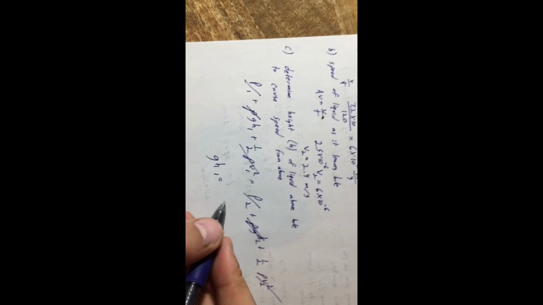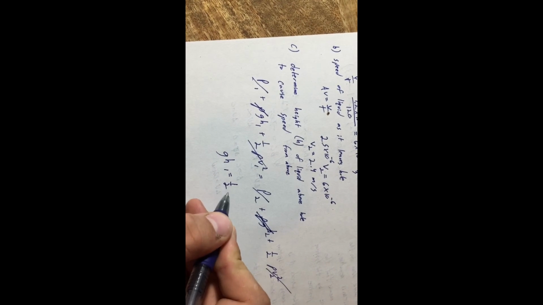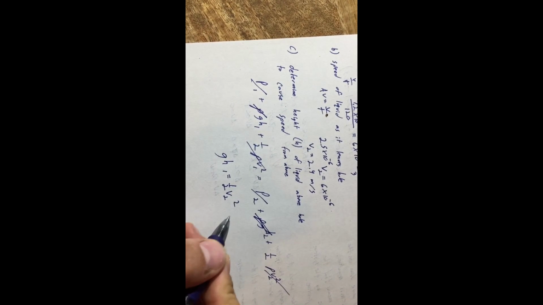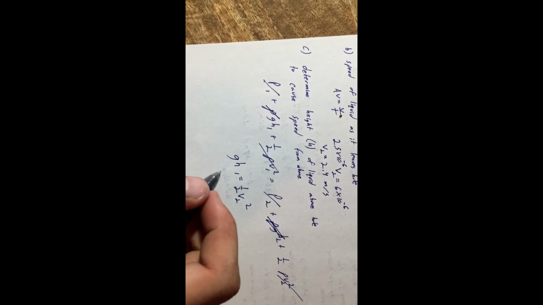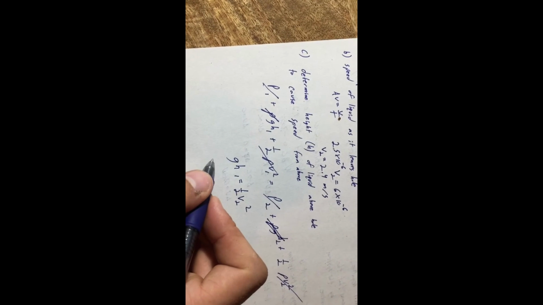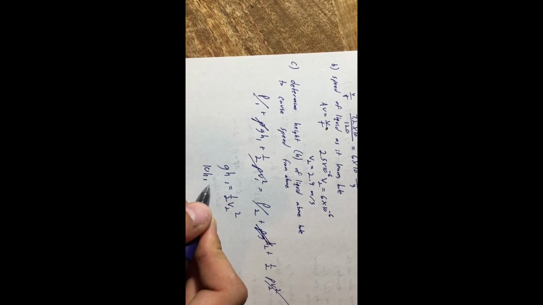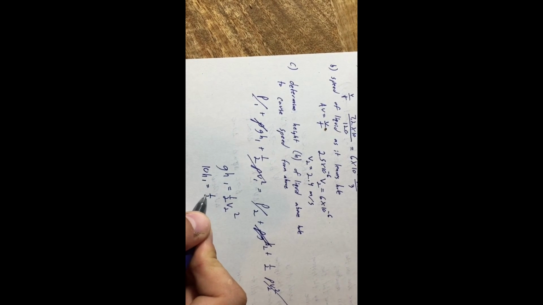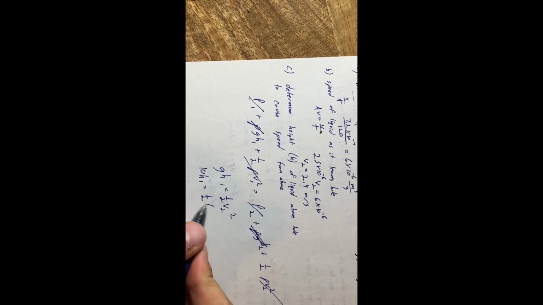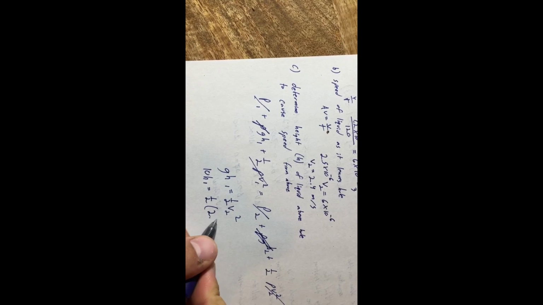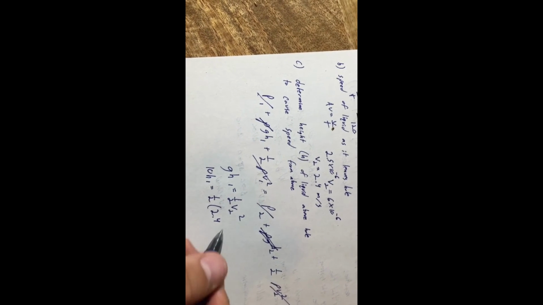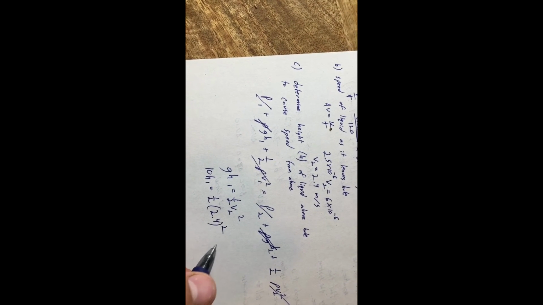g h1 equals 1/2 V2 squared. So g is just the acceleration of gravity, so that's pretty much 10. h1 is what we're trying to find out, equals 1/2 V2, which we found from the previous problem is 2.4, squared.